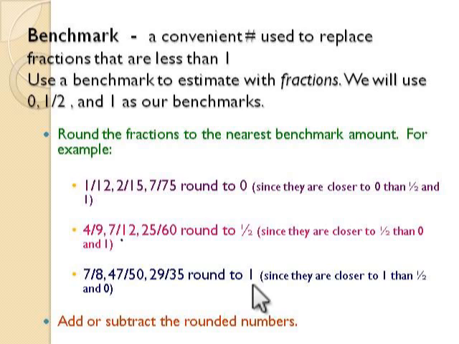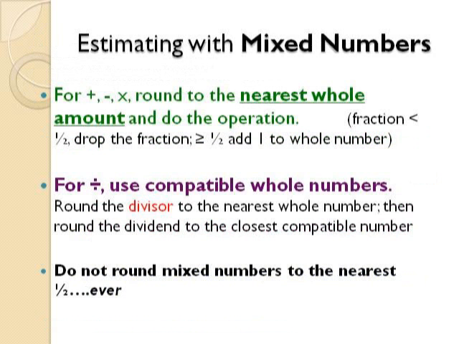Once we've rounded these numbers with the benchmarks, then we simply add or subtract whatever the question is asking us to do. The difference with mixed numbers is that we do not use a half.